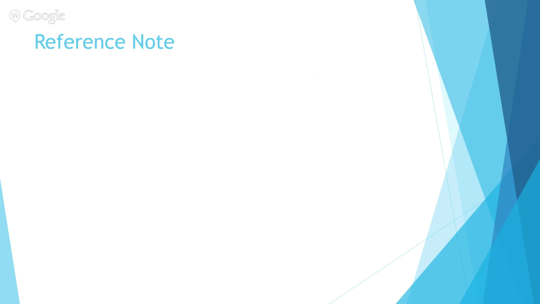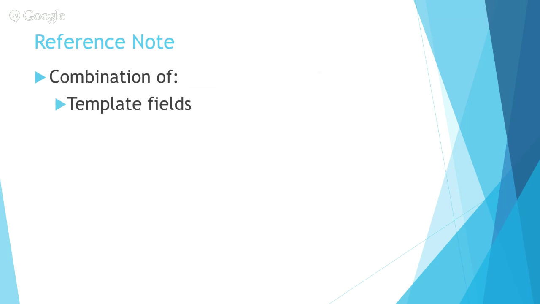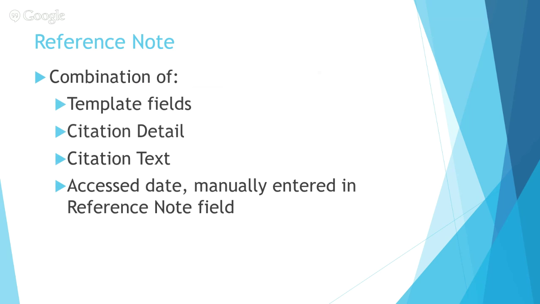So the reference note, and this took me a while to understand, the reference note that we see is a combination of the template fields, which I just showed you, the citation detail, and the citation text. And I'm going to come back again and say that I need to manually enter the date that it was accessed.